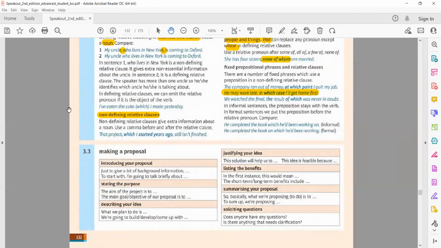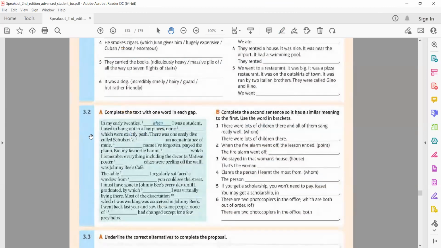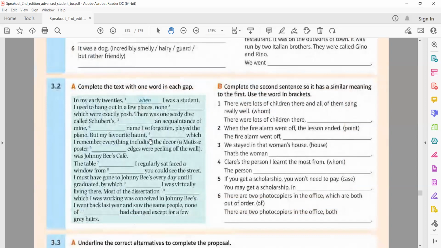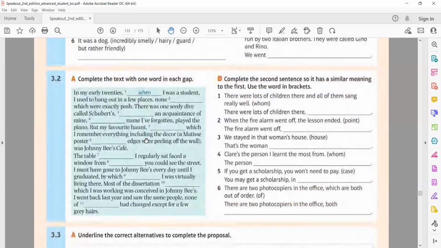Here we need to complete the text by filling the gaps with the appropriate missing words. Most probably you're going to use the relative pronouns. Go ahead, you have 10 sentences to work on.